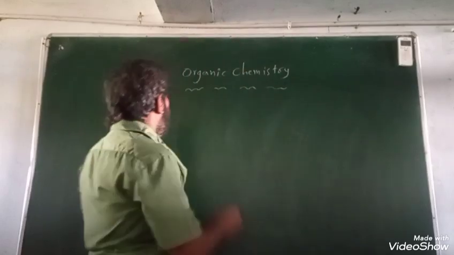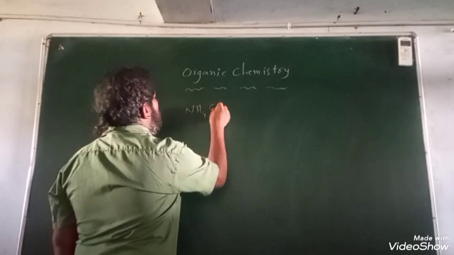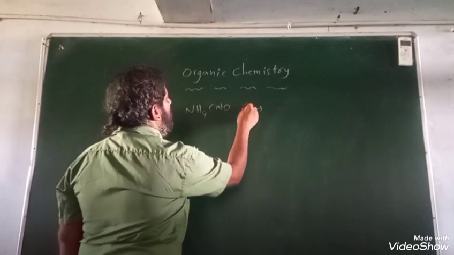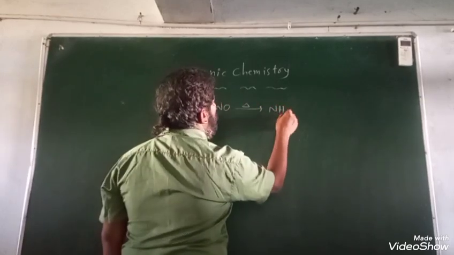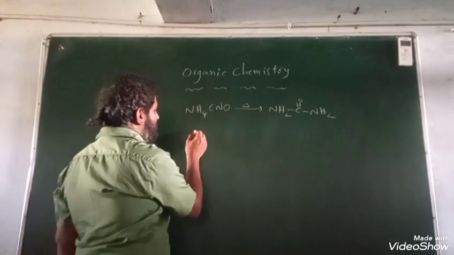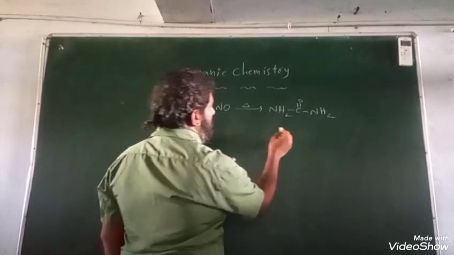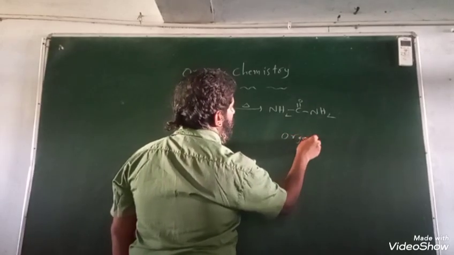For example, ammonium cyanide, NH4CNO. If it is strongly heated, it will rearrange into NH2CONH2. So ammonium cyanide is an inorganic compound, and this is an organic compound.